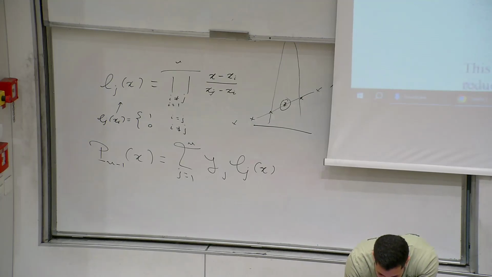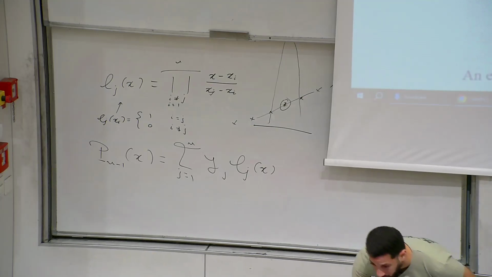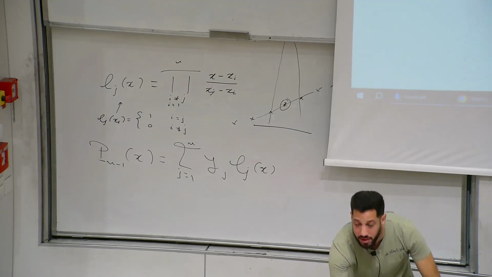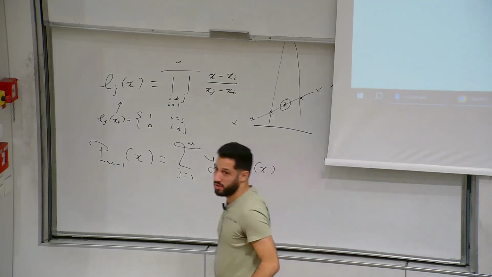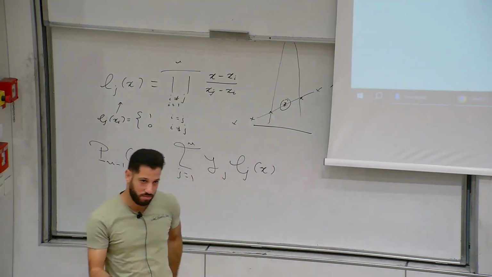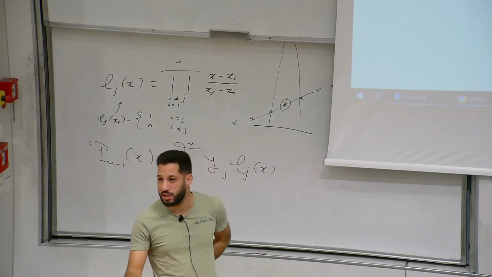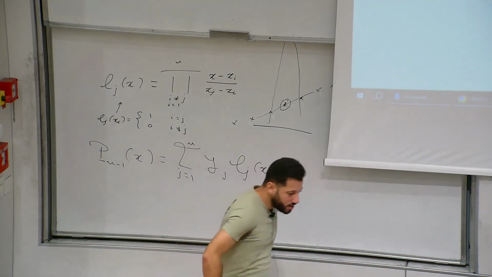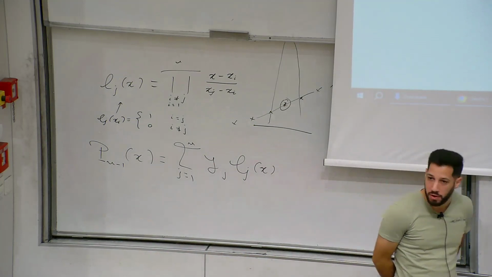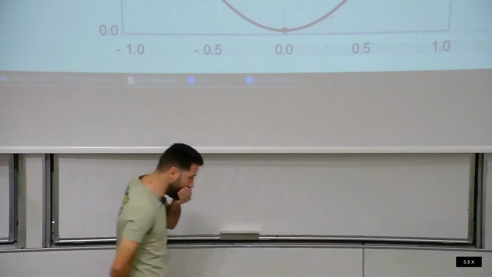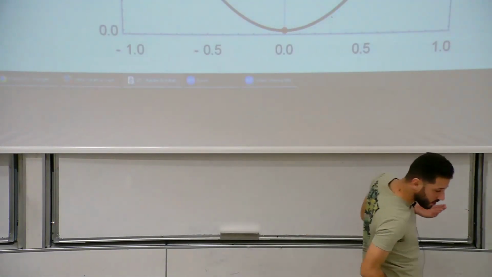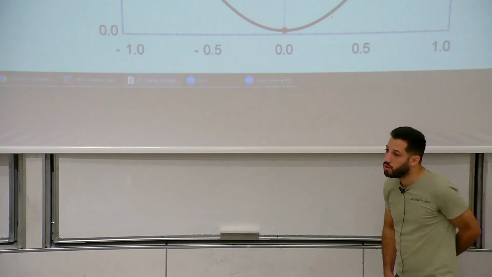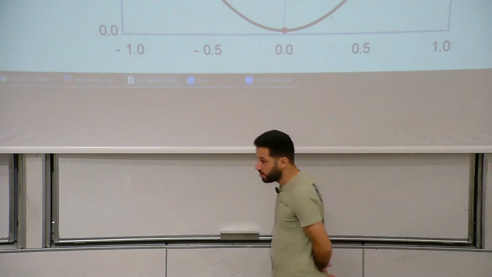Okay, we talked about the errors. And now let's see an example. Suppose that we have a function that is x squared. That's the function. But we don't know that the function is x squared. Okay? Someone gave us 3 points of this function and asked us, what's your interpolation?